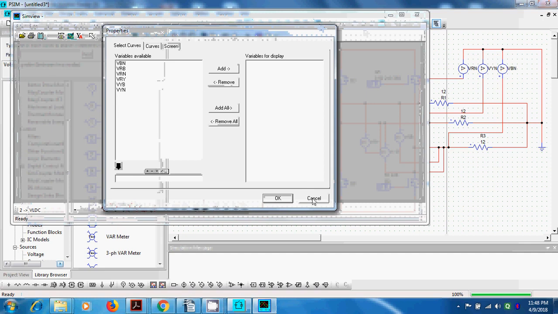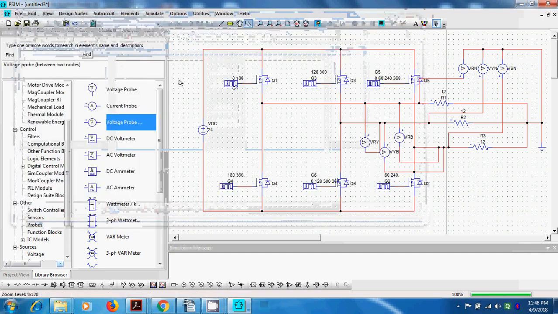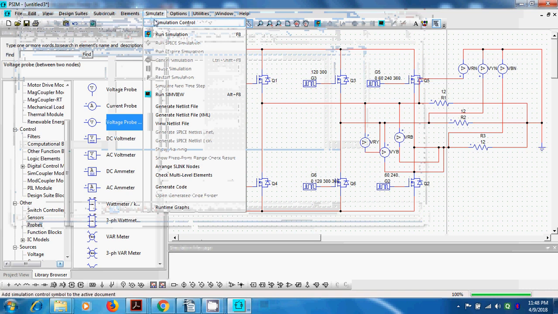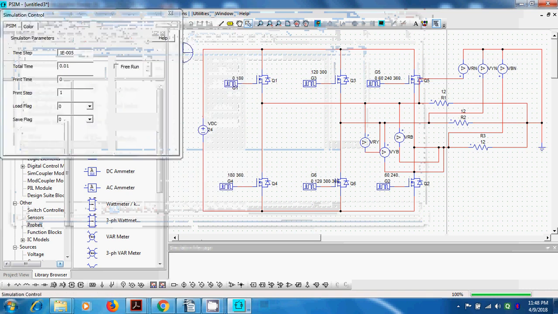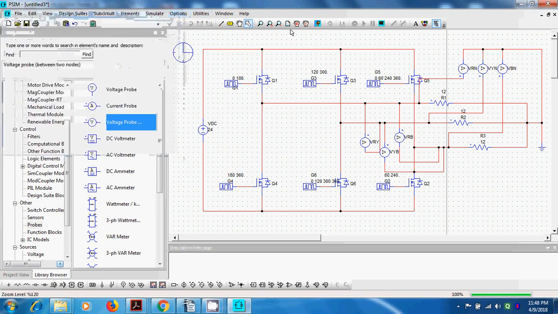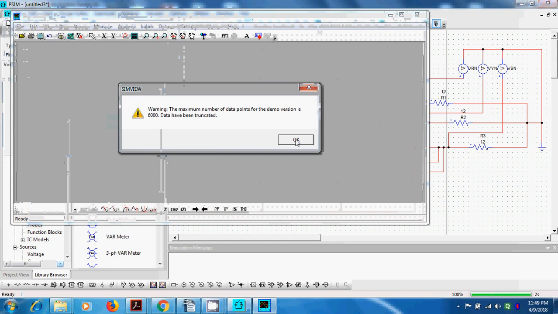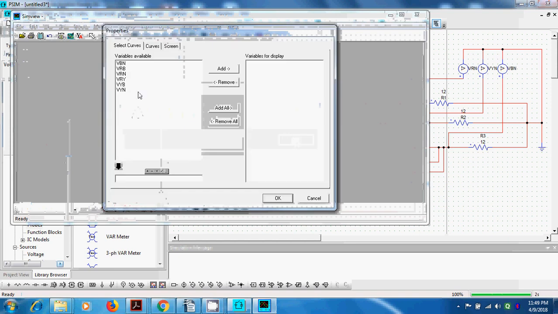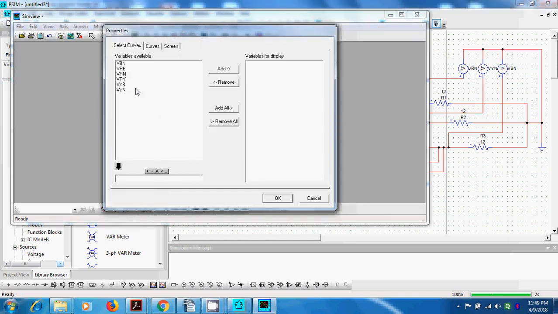But before running, I have not taken the simulation control. So again I have to take simulation control, and the total time will be 1, and now I will check with VRN.